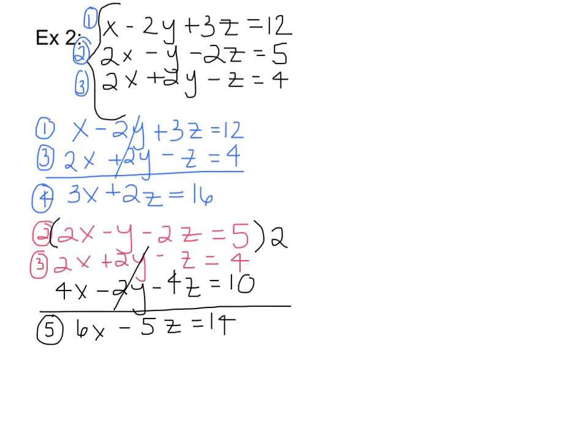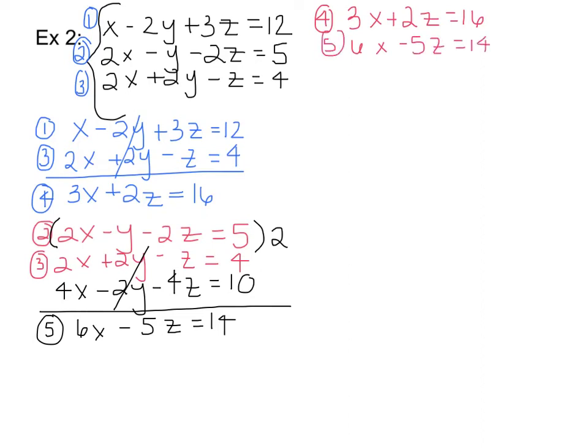So at this point in time, equation 4 and equation 5 should have the exact same variables in them: x and z. So now we are going to put equation 4 with equation 5. So equation 4, I'm just going to rewrite it. 3x plus 2z equals 16. And 6x minus 5z equals 14, okay?